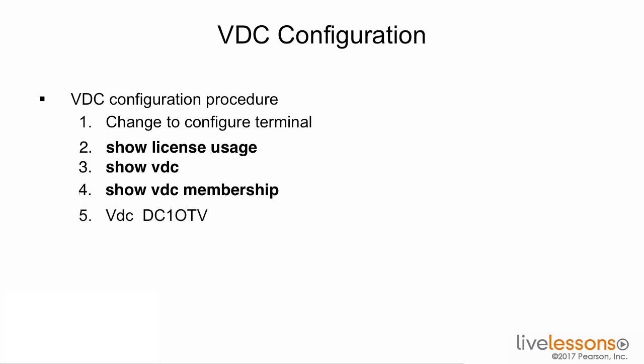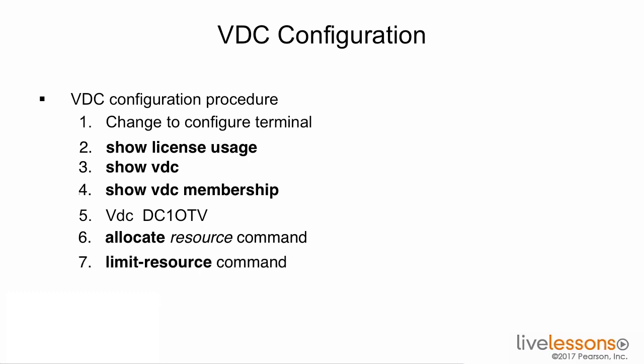After that, we're ready to go ahead and create our VDC. We're simply going to type VDC and the VDC name. After we create the VDC, we can allocate resources to it, like interfaces. We also have the ability to control the amount of resources that a VDC can consume. So we'll take a look at that as well.